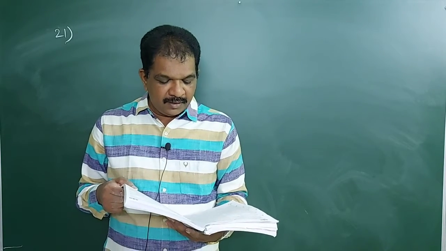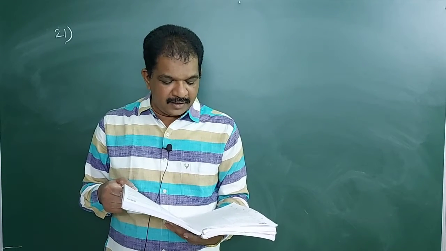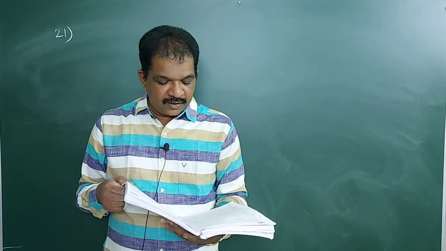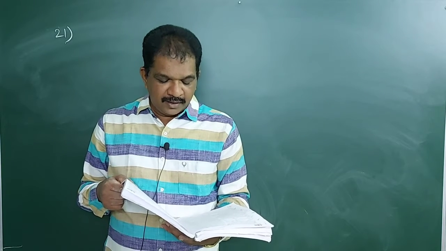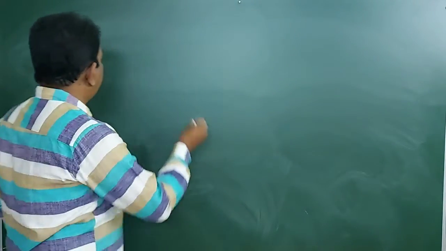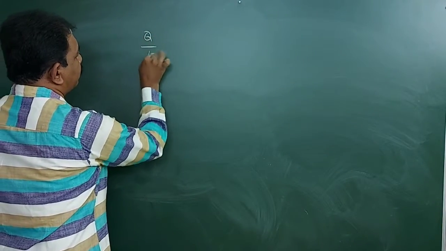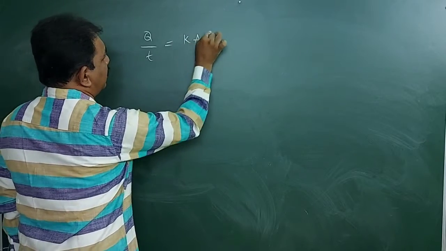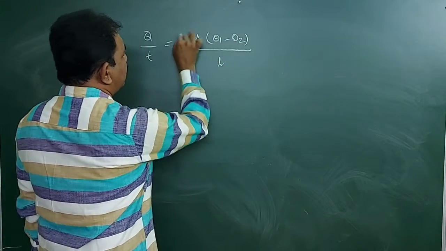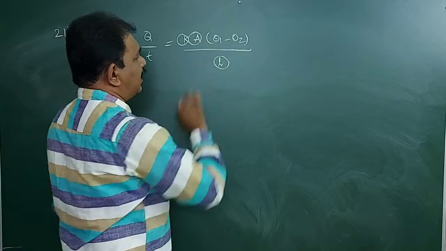If the ends are maintained at 200 degrees centigrade and 210 degrees centigrade, the rate of flow of heat will be the same, because Q by t is equal to KA (theta 1 minus theta 2) by L. Here K, A, L are all constants.